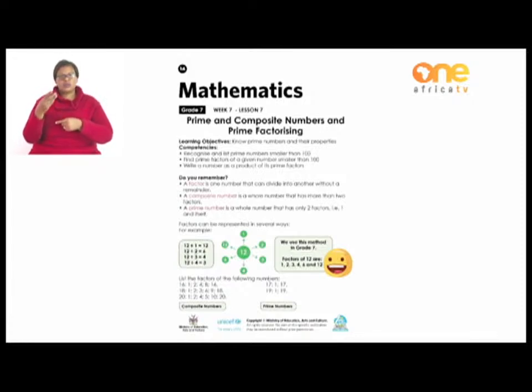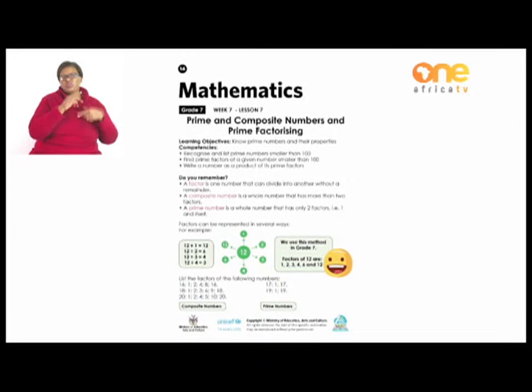List the factors of the following numbers. We have 16. The factors of 16 are 1, 2, 4, 8, and 16. 18. The factors of 18 are 1, 2, 3, 6, 9, and 18. I'll repeat that again.